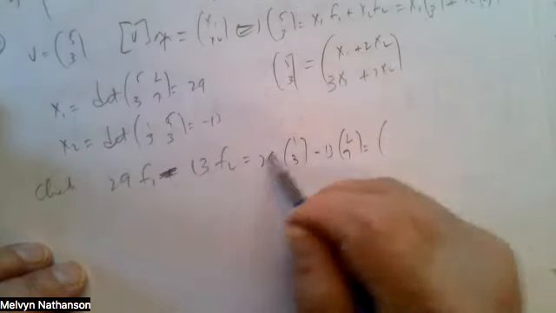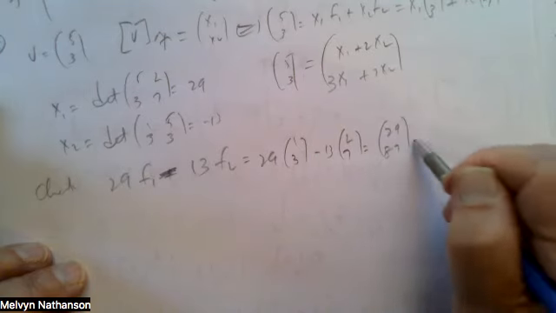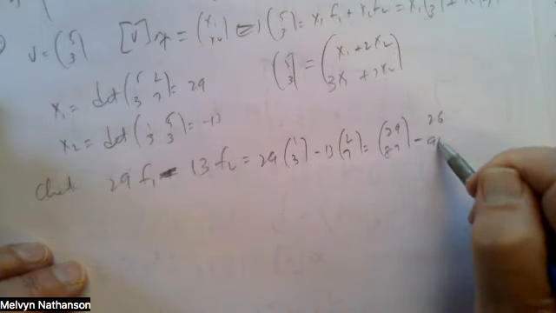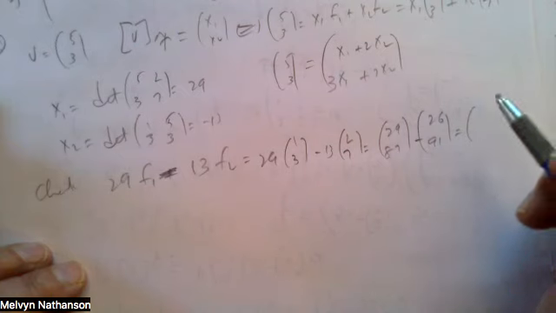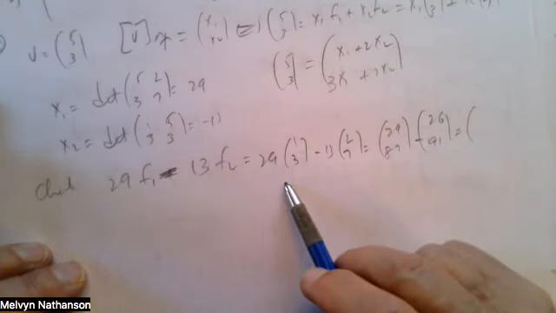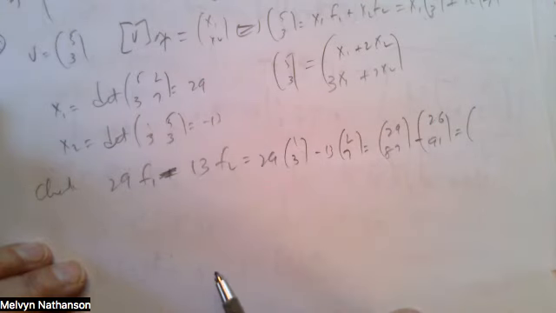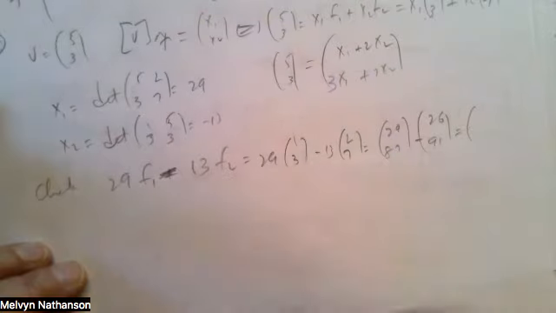So this is 29, 87 minus 26, 91. Is that right? Not quite right, because in fact, it's completely wrong.